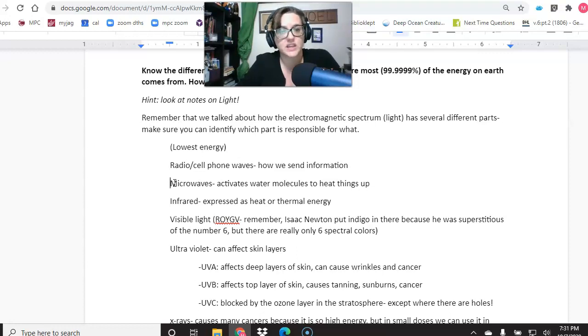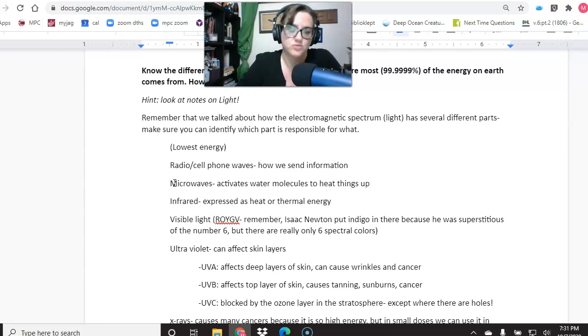And this is great because we can use it to reheat chicken nuggets, but it's not great when you are exposed to microwave radiation at intense doses, not what's in your microwave, you're fine, because it can actually activate the water in your body, okay? So the microwave energy in your microwave is not enough to actually hurt you, okay?